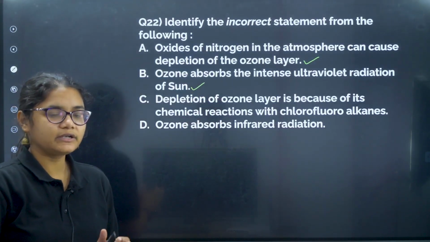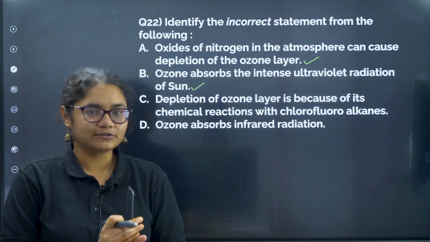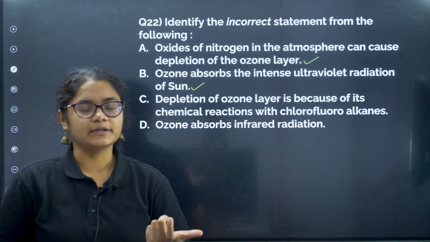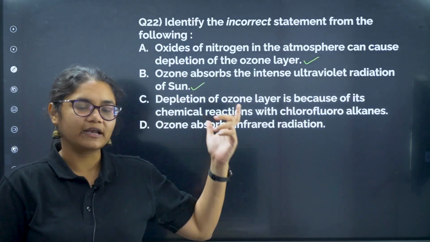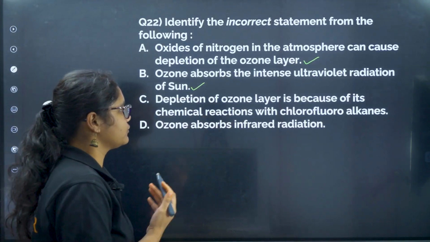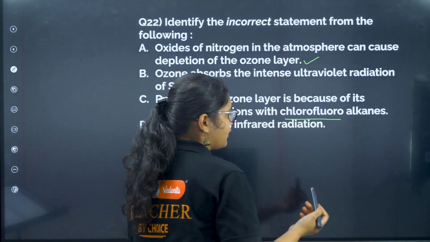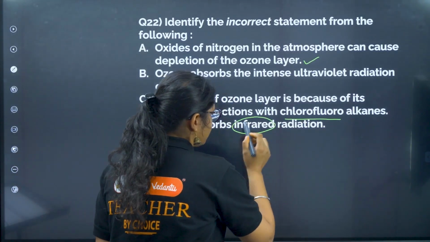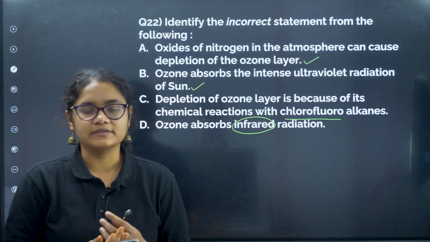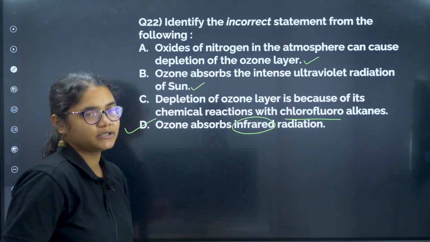Although this question was from P block, the statements given are very general science things. We already know what ozone depletion is and how ozone is created, and these statements were very easy, so you should have done it correctly. Depletion of ozone layer is because of chlorofluoroalkanes. So this is also correct. And then, ozone absorbs infrared radiation. So you know this is incorrect because it absorbs UV radiation. So the correct answer for this question will be option number D.